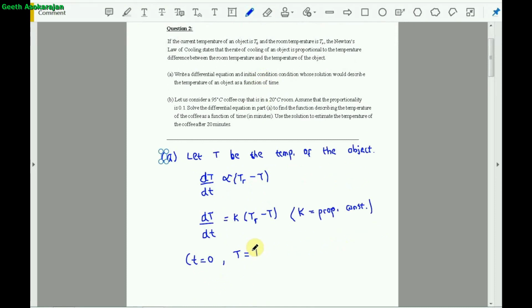So the current temperature is denoted by T0. So just to repeat, initial condition means the condition relating to what happens when the time is 0. And when the time is 0, it's plain to see that the temperature of the object is the current temperature, T0. So here is our initial condition.